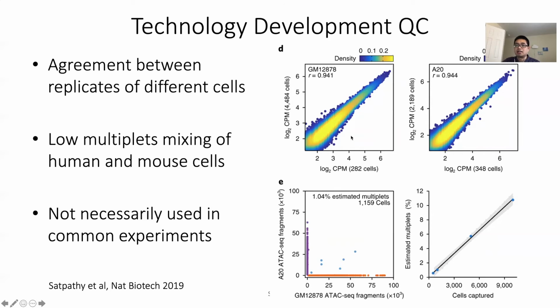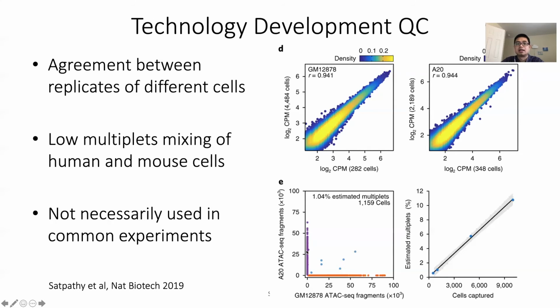Each dot here is a peak location. So you can plot a correlation, with log2 transformed counts per million, to see how well those two batches are correlated. A successful experiment will have a high correlation.